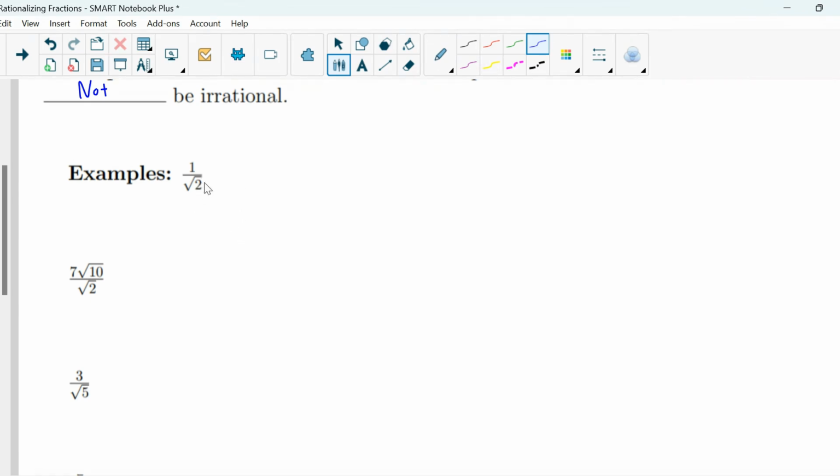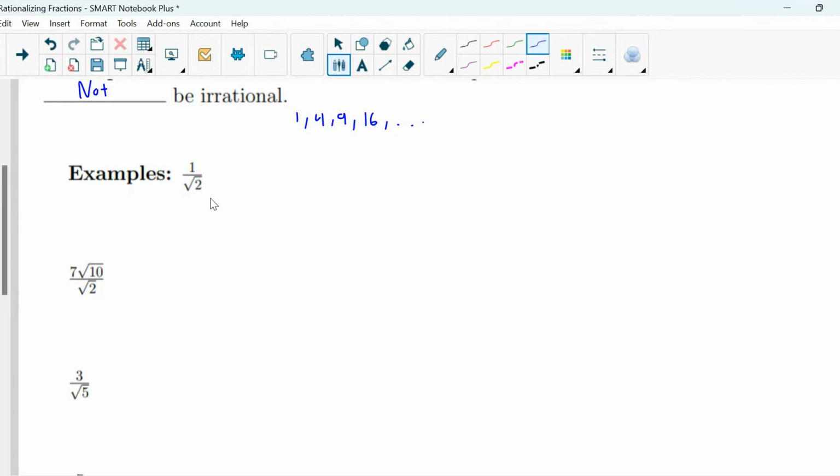So right now I have 1 over the square root of 2. So I need to think about my perfect squares because that's the only way to fully simplify a radical. So my perfect squares are 1, 4, 9, 16, so on and so forth.